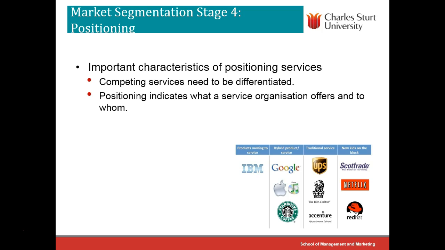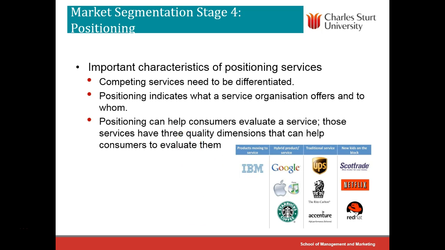It also should say who you're offering it to and whom. Are you an upmarket brand? Are you a new disruptive brand down here? Are you a traditional service brand? Are you a hybrid of products and services? Or are you a provider moving to a service type delivery model?